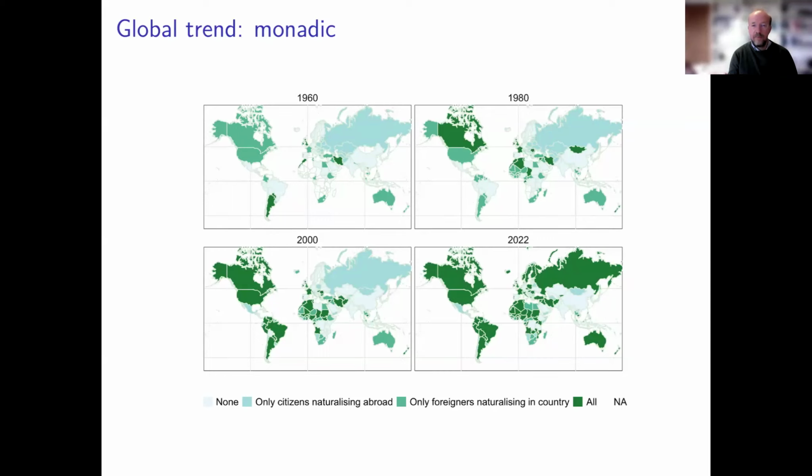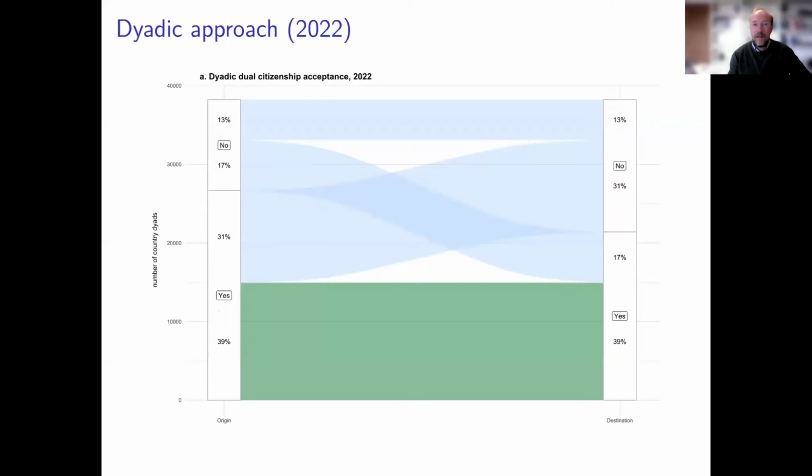So you see in North America that immigrants were still forced to give up their citizenship, citizens naturalizing abroad would still lose citizenship, and in other countries maybe only immigrants would be expected to renounce their citizenship. But when we go from 1960 to 1980 to 2000 to 2022, you see that the world becomes increasingly more green, and that means that countries become increasingly more liberal.